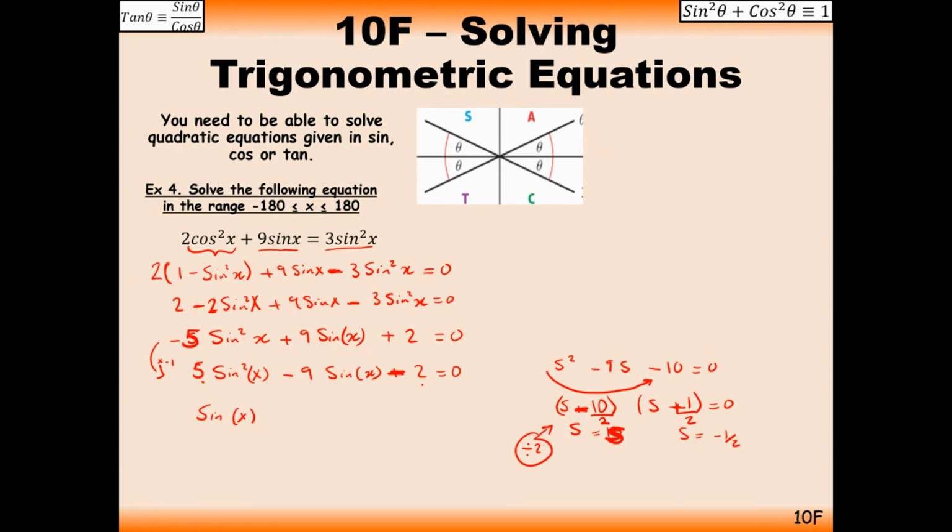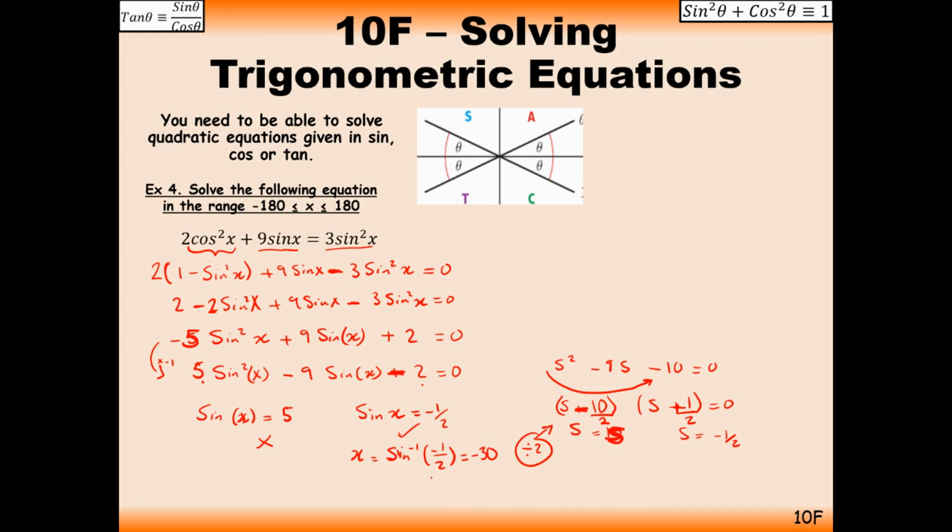Sine of x equals 5, which is impossible, and sine of x equals negative half. Alright, so this is possible, and I have there what I need to work with. This one I'm going to have to discard because the sine curve never reaches as far as 5. And now, taking inverse sine of negative a half, sine inverse of minus half will give us negative 30 degrees.